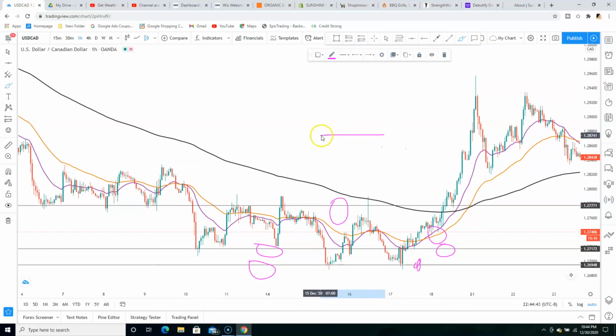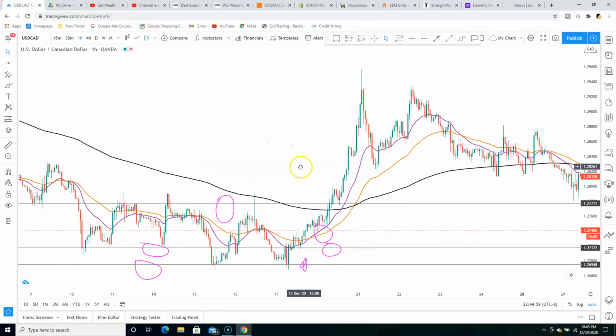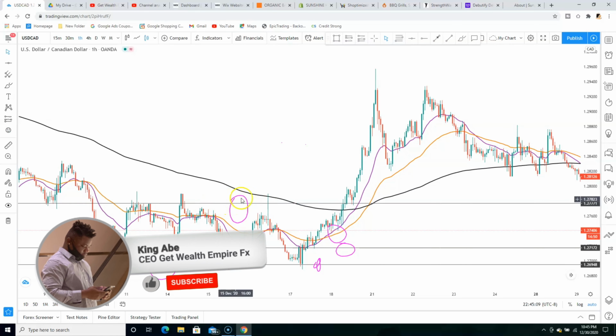You have to wait and see what the market is going to do, because price is still below the 200 EMA, meaning the 200 EMA is still telling us that price is still in a downtrend. But doing it this way, you're going to have what I call an early entry, so you have your take profit here as your take profit 1.